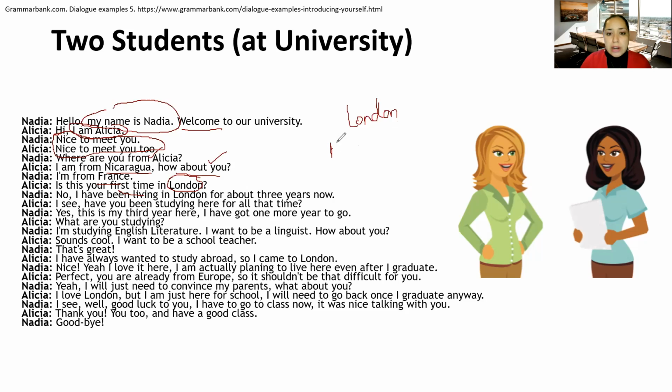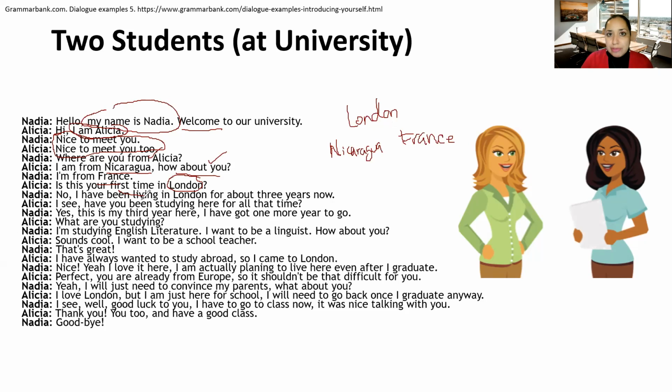One is from Nicaragua and the other person is from France. And then after that, another question comes: is this your first time in London? And then from that, a good conversation started.